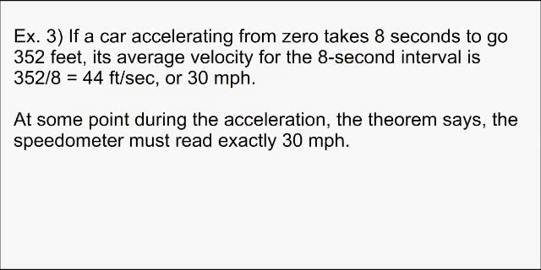Example 3. Okay. If a car accelerating from 0 takes 8 seconds to go 352 feet, so 8 seconds, 352 feet, its average velocity for the 8-second interval, you would say, change in distance over change in time. So 352 divided by 8, which is 44 feet per second, or 30 miles per hour.